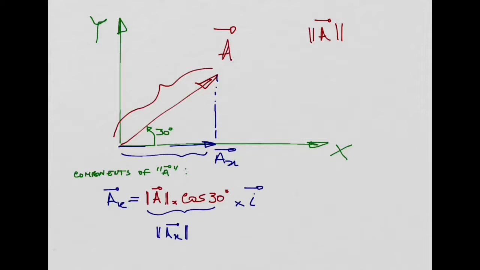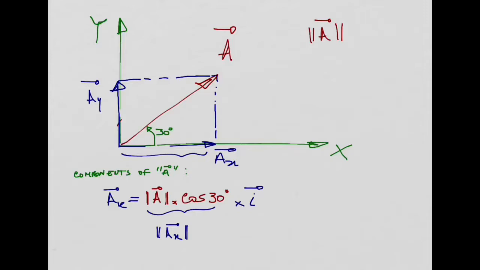And I need to do the same thing now for the y direction. I need now to project my vector A along the vertical direction. So I'm going to try to obtain this vector here, which I will call AY.